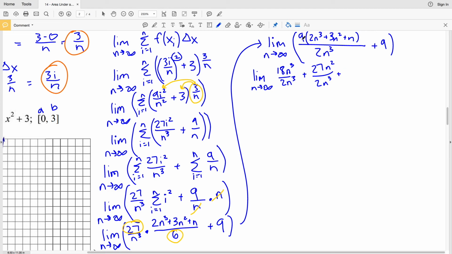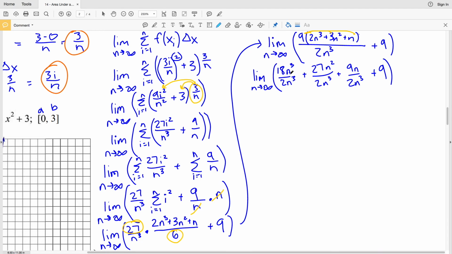And then that will get added to 9 times n, which is 9n. And again, that's over 2n cubed. And then I'm finally adding that 9. So one more time, what I did, as I distributed my 9, I split up my fraction because each term was added together over that same denominator.